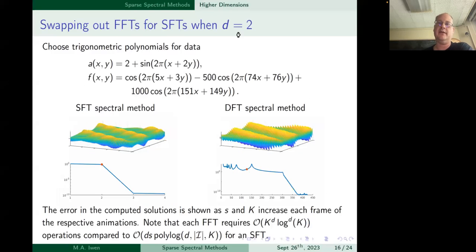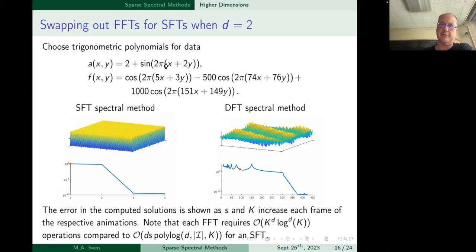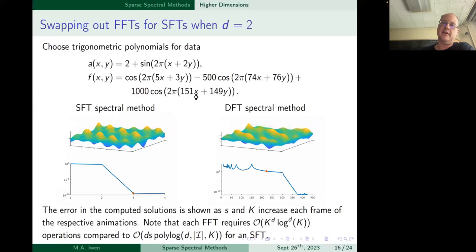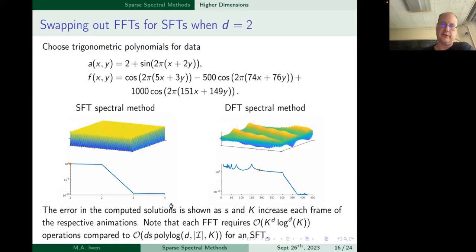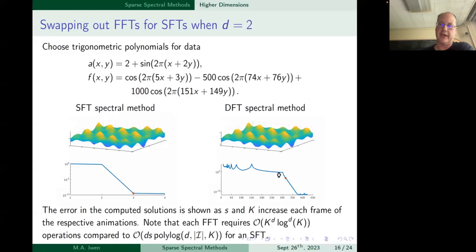Two-dimensional version, same thing works. You can code it up. It's relatively simple. You can solve, again, a two-dimensional problem here, same sparsity levels. Here are the errors as you increase sparsity and as you increase K, which is, again, your trigonometric polynomial bandwidth size.